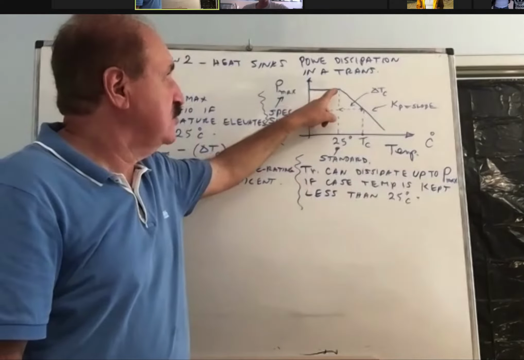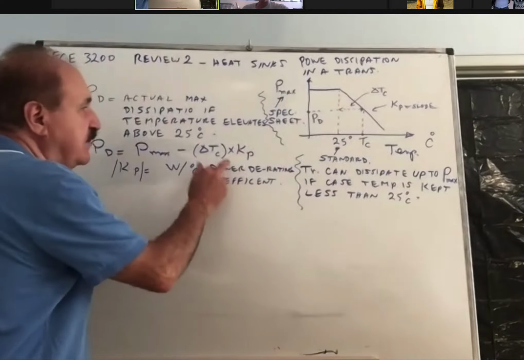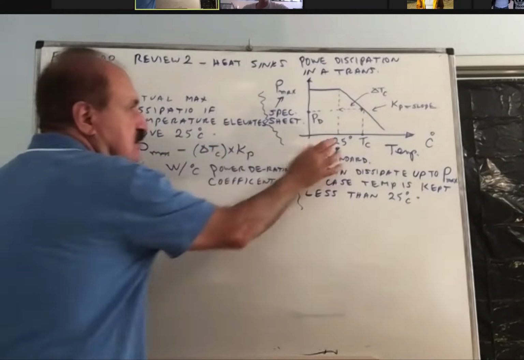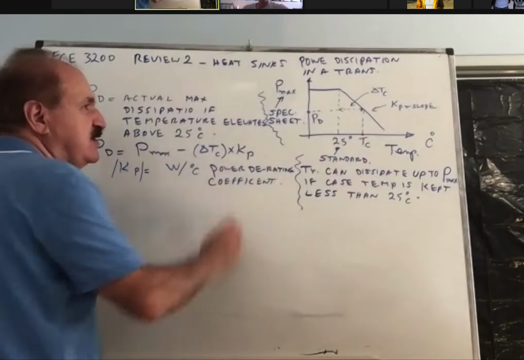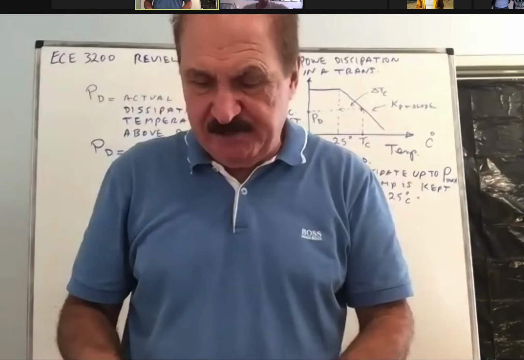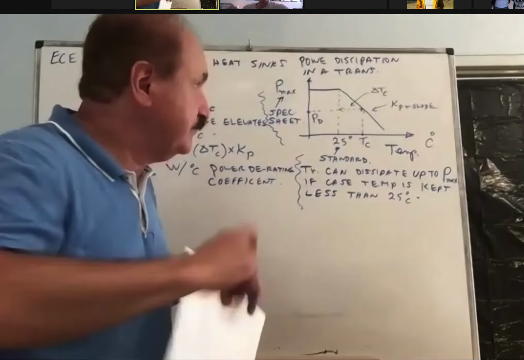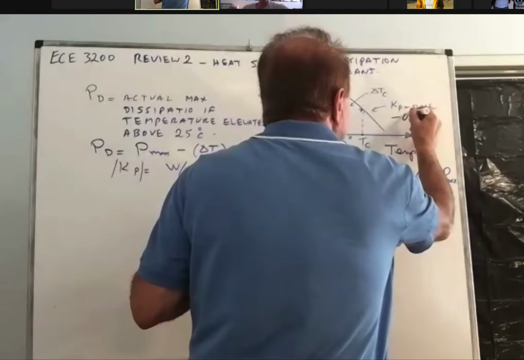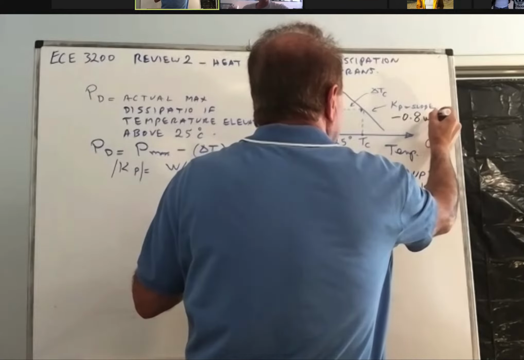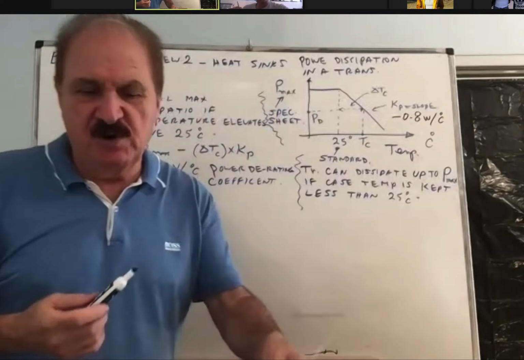For example, if you go to 26 degrees, you don't have 100 now, but you have 1 degree Celsius increment multiplied by the derating coefficient, whatever that might be. Here's an example. I gave you a curve with a derating coefficient of minus 0.8 watts per degree Celsius.